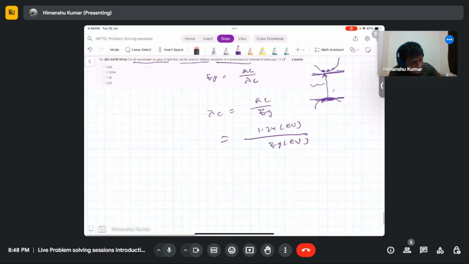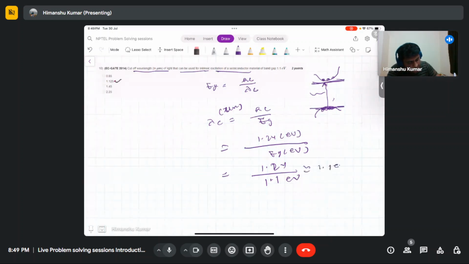So then you can calculate 1.24 divided by 1.1 electron volt, and this lambda is in micrometer. So this will come around 1.1 something. The correct answer is approximately 1.1 micrometer. The correct answer will be B. Okay, this was fairly straightforward.